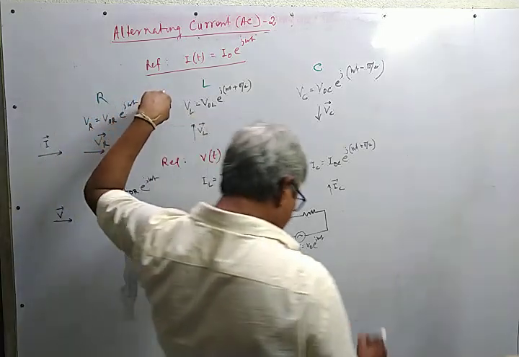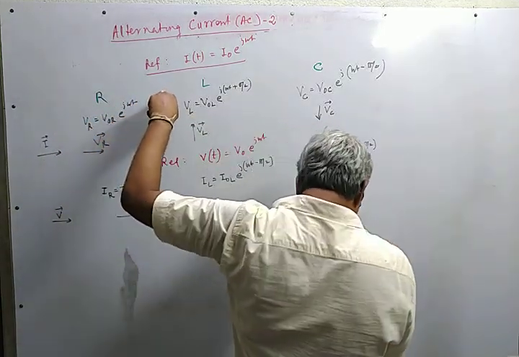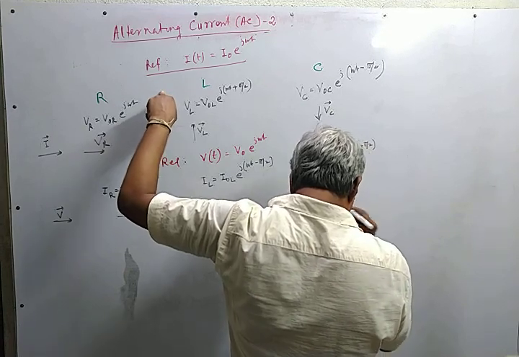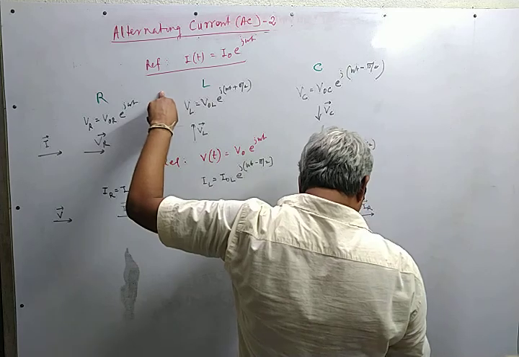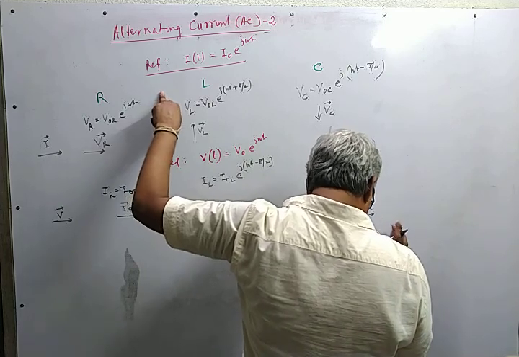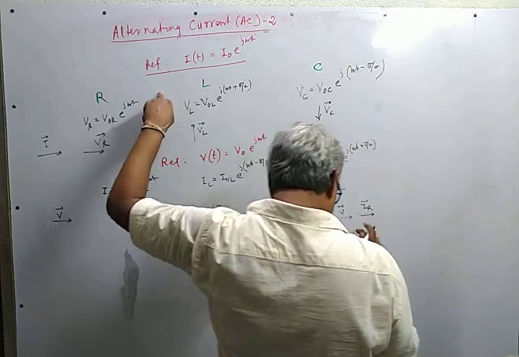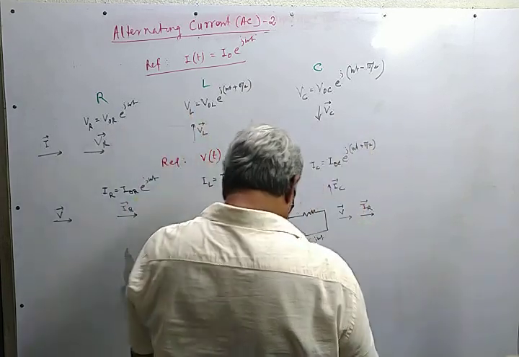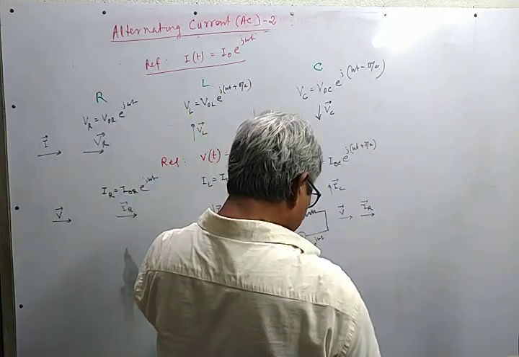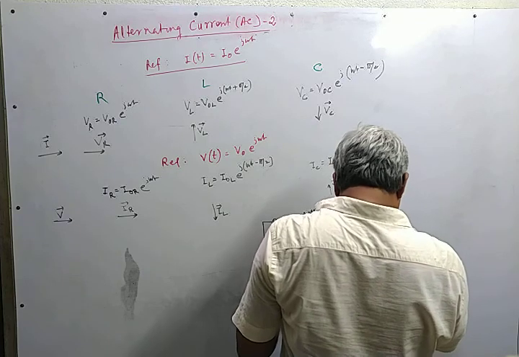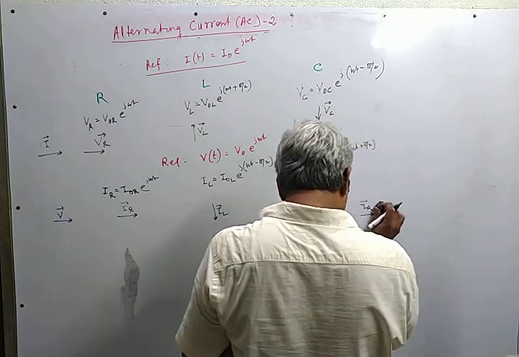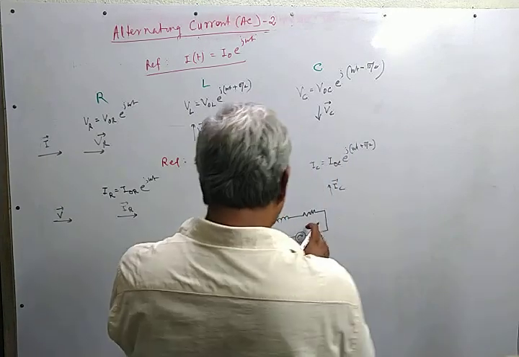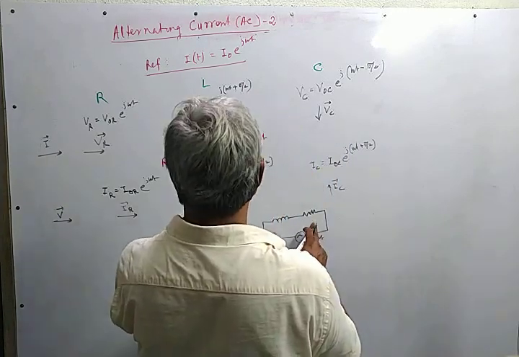At a particular instant, if this is the direction of the voltage, this is also the direction of IR. These are connected in series, so the same current flows through it.